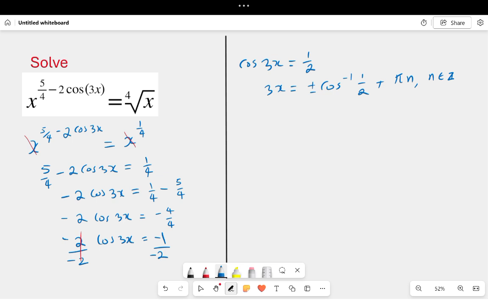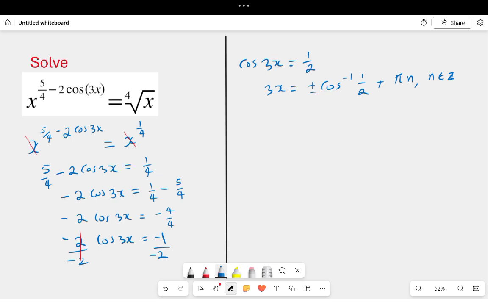Now we use plus or minus for the cosine inverse because we know the cosine is an even function. And therefore, we write it this way if we are supposed to be writing our angles in radians, but we can also write our answers in degrees.